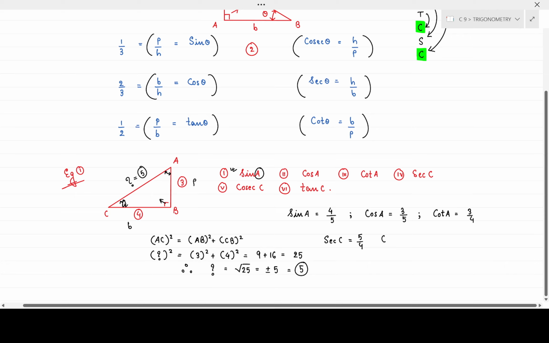The value of cosec C will become hypotenuse by perpendicular. Hypotenuse is 5, perpendicular is 3. And the value of tan C will be equal to perpendicular by base, and that is 3 by 4.